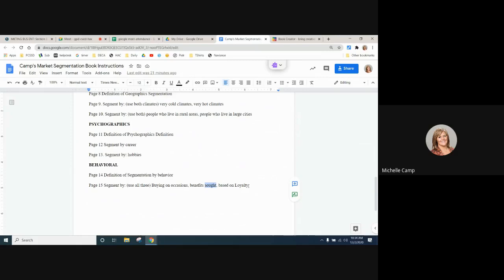And then the last one is loyalty, and this is where companies advertise based on a long-standing relationship with their customers. I think of Coca-Cola and their ads about giving and helping each other out.